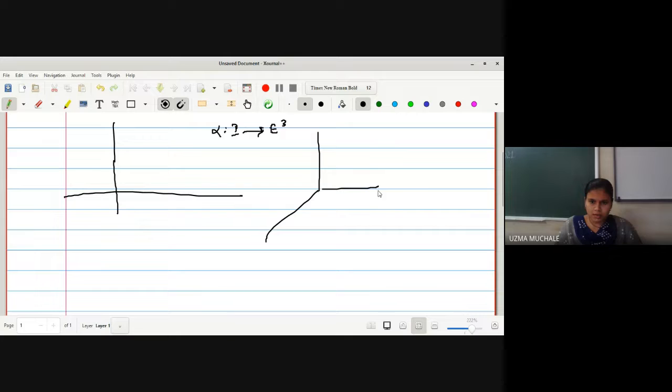Suppose this is a curve in the xy plane. We have to revolve this about the x-axis. Suppose we have revolved about the x-axis.